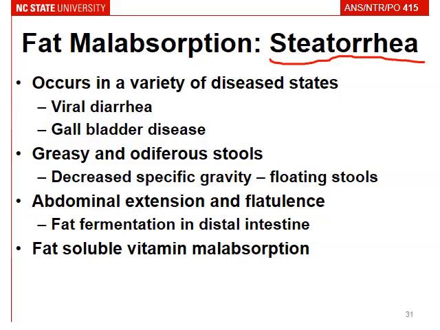And when we have fat malabsorption, we also have secondary deficiencies in our fat-soluble vitamins, because we need them to be absorbed in with our triglycerides, etc. So they are not able to be absorbed, and we have secondary vitamin deficiency.